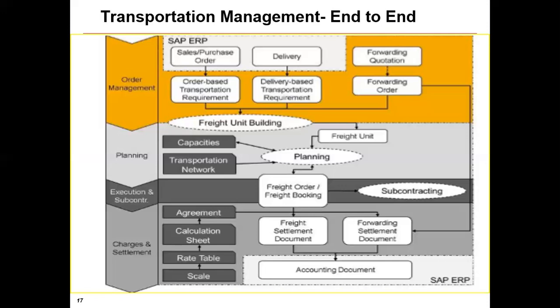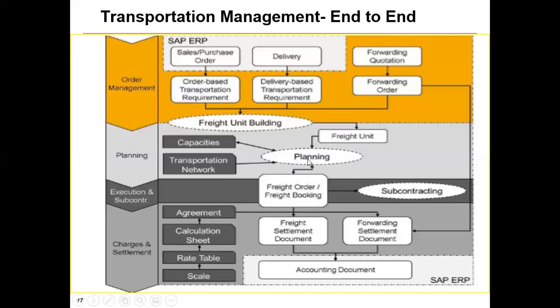So that's why it may have a single freight unit or it may have 20 freight units and so on. Freight order.